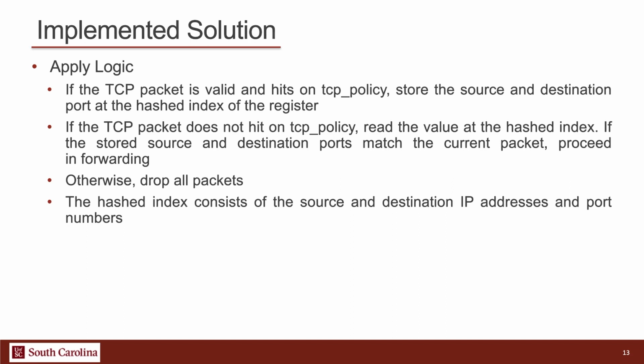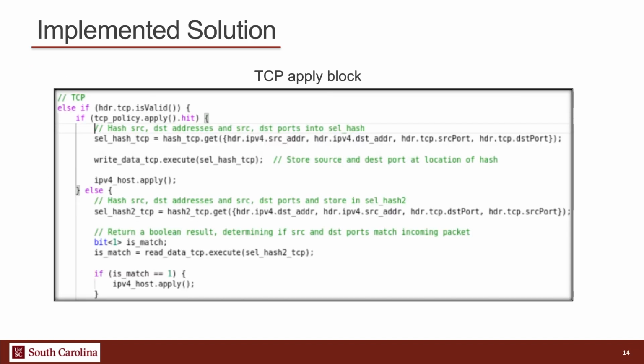This means that it's in response to a previous flow, meaning we're going to allow it. Otherwise, if something isn't explicitly stated in our TCP policy, we will drop the packet. The hash index consists of the source and destination IP addresses and port numbers. Here's an overview of what that TCP logic looks like in P4 code.